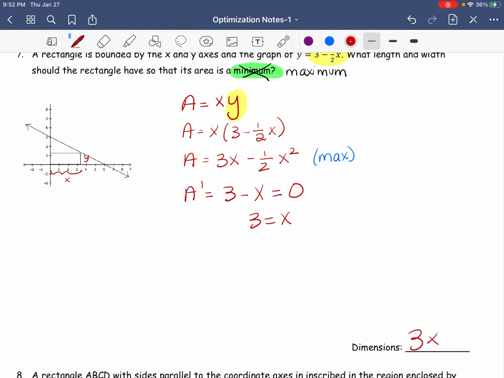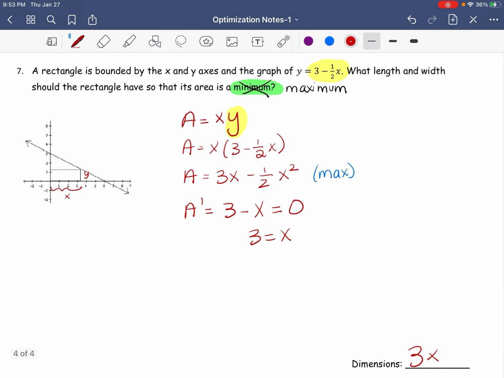To figure out the height, or my y value, I'm just going to go into this equation that I know and say y equals 3 minus 1/2 times 3. Half of 3 is 1.5. 3 minus 1.5 is 1.5. So the dimensions of my rectangle should be 3 by 1.5.